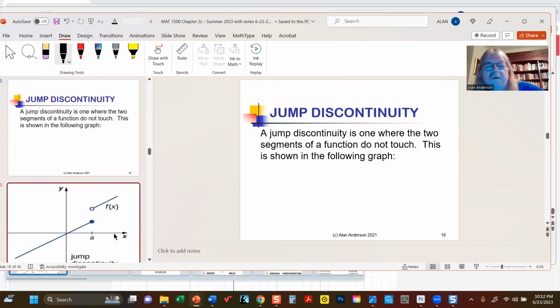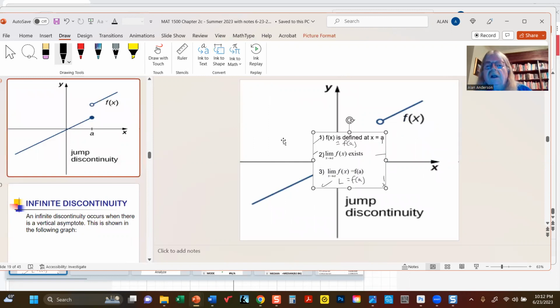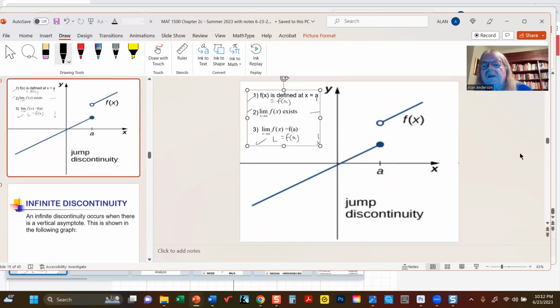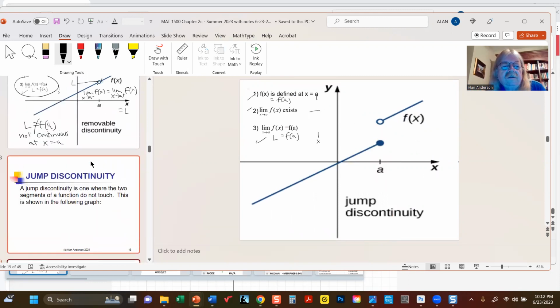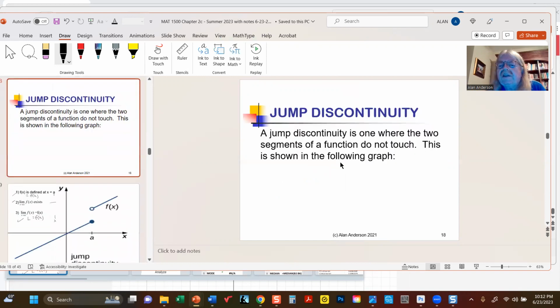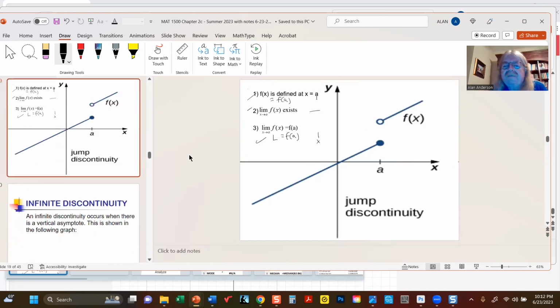Now, jump discontinuity. We saw this one earlier, where we actually have two pieces. It's a piecewise function. It's not the case that there's just a hole. We actually have two distinct line segments. So f of x does exist at a, so condition 1 is met, but you can see the limit from the left is different from the limit coming from the right.